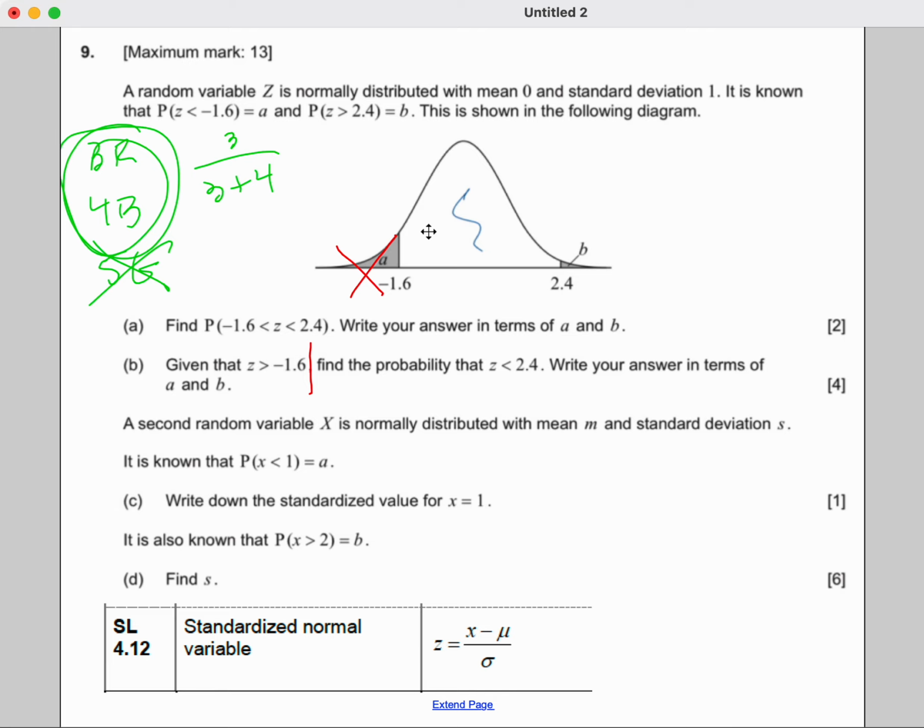That means we're trying to find the probability, let me do a different color, we'll go green again, that the random variable is somewhere between negative 1.6 and 2.4, given that it's definitely above negative 1.6, okay?